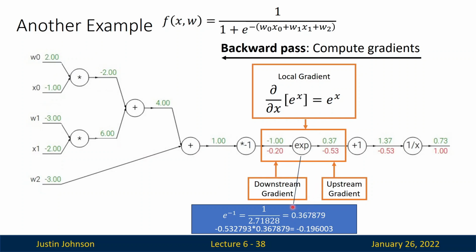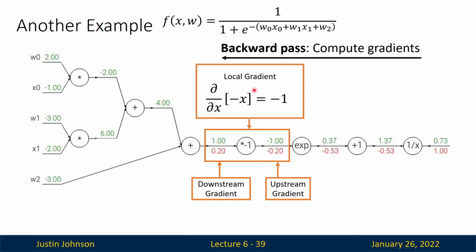We generate the result as negative 0.2. And the local gradient for this function is negative 1. Because the value is 1 and the upstream gradient is negative 0.2, we multiply them and get the downstream gradient negative 0.2.